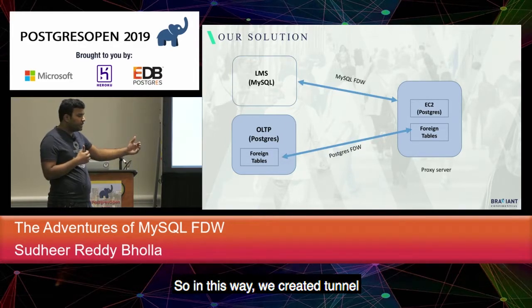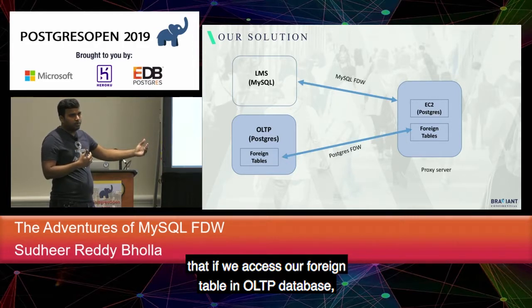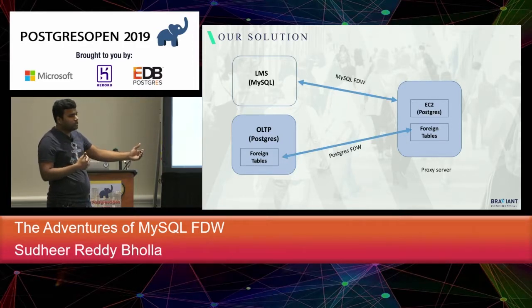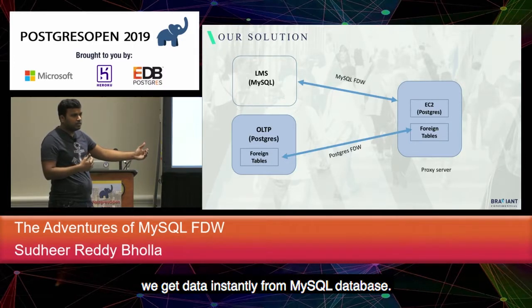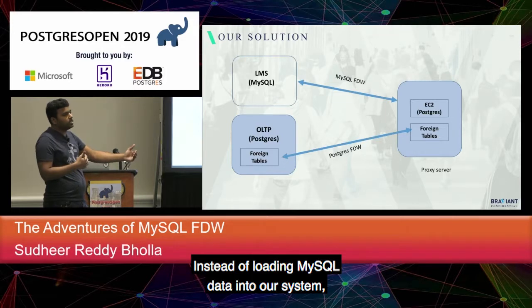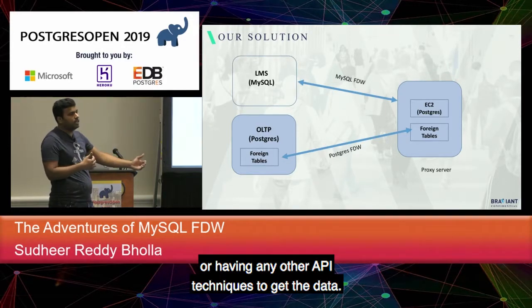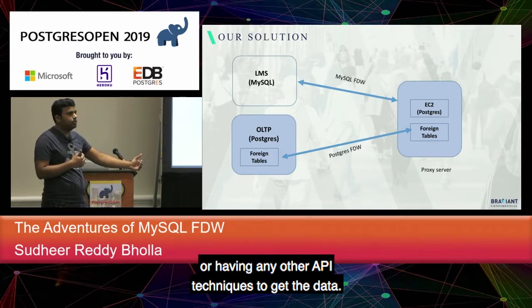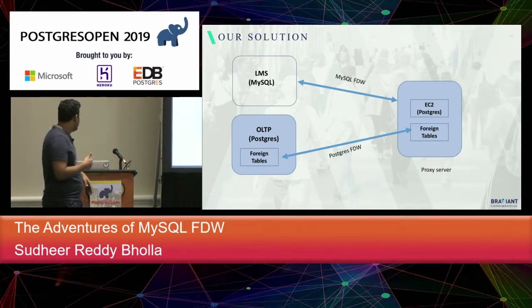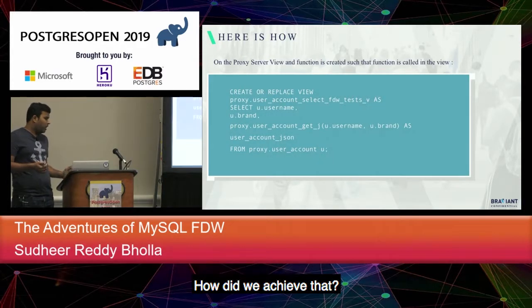In this way, we created a tunnel so that if we access our foreign table in our OLTP database, our Postgres RDS instance, we get data instantly from the MySQL database, instead of loading MySQL data into our system or having any other API techniques to get the data. So how did we achieve that?